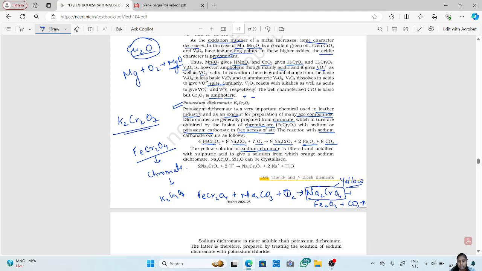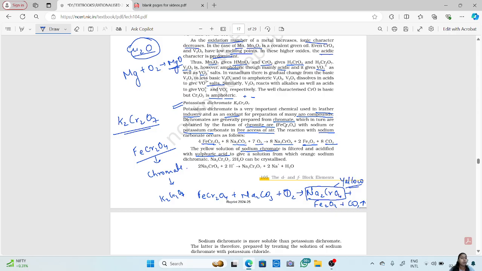This yellow solution is later filtered out and acidified using sulfuric acid. Later, to this Na2CrO4 we add sulfuric acid to give a solution from which orange sodium dichromate, Na2Cr2O7·2H2O, can be crystallized.